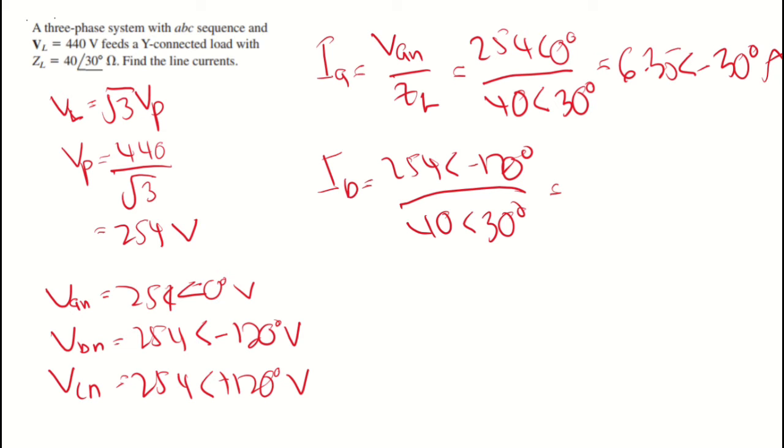So the magnitude should be the same, 254 divided by 40, you will get 6.35 angular minus 150 degree ampere. So minus 120 deduct 30 degree, you get minus 150 degree.